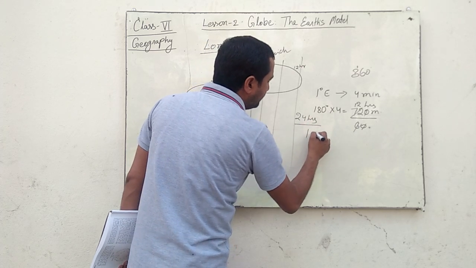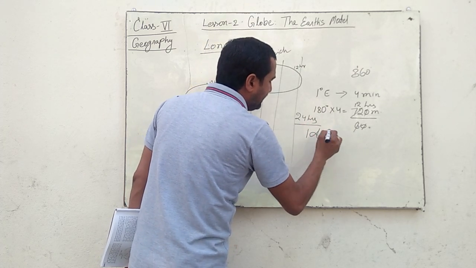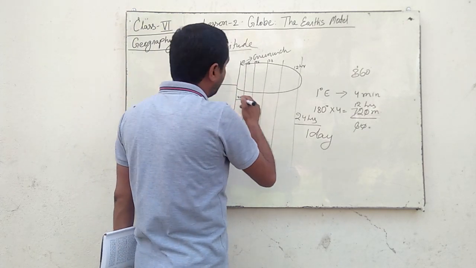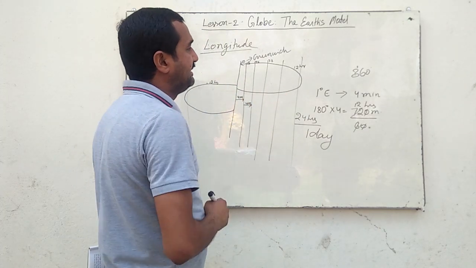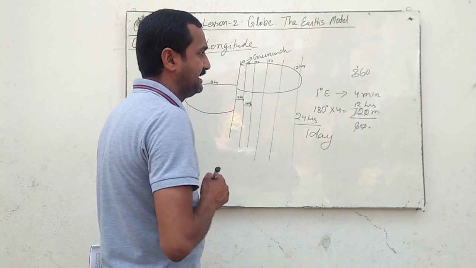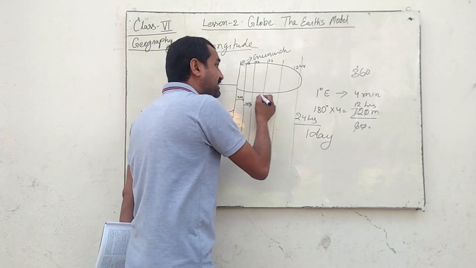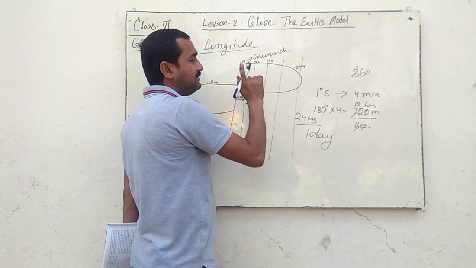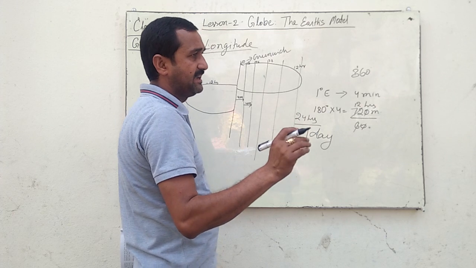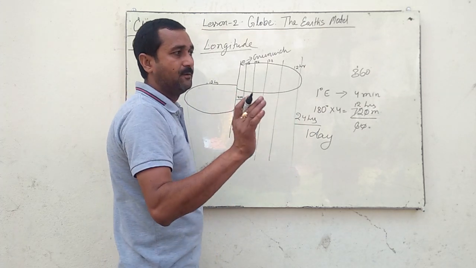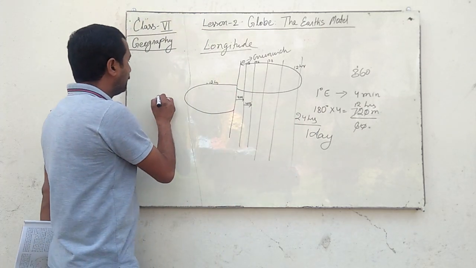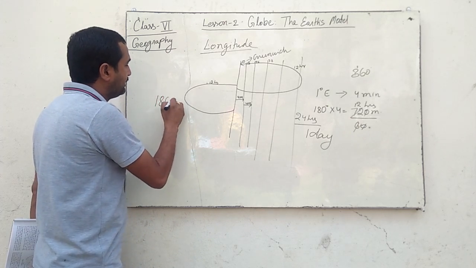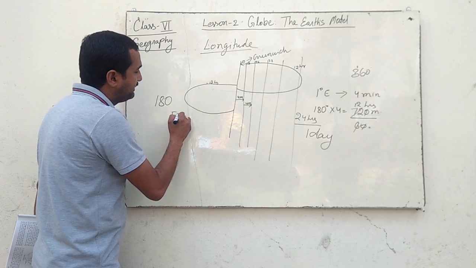That is 1 day. एक दिन का फर्क हो जाता है। That means if we cross the 180 degree meridian from the east side, एक दिन का फर्क हो जाता है, यानी डेट बदल जाता है.